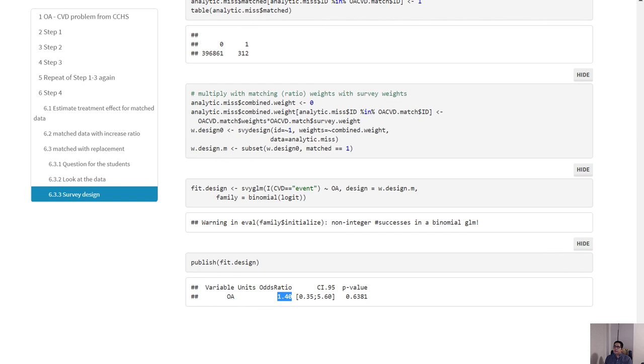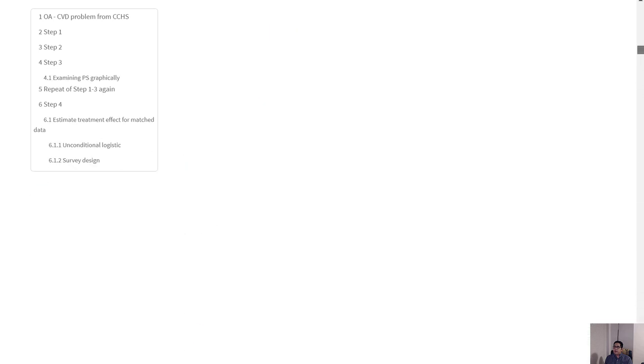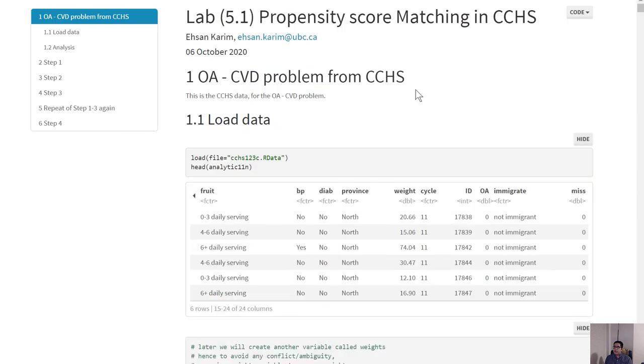Alright, so in this particular lab, what we have done is we have used the CCHS dataset, where since we are using only the public version of CCHS, we are only using the weight, but there are other survey features such as the strata and cluster, which are not available in the public version of CCHS.